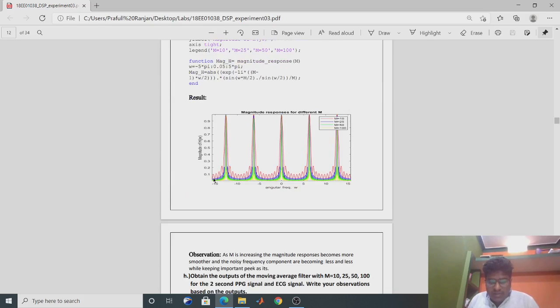So we can observe that for m is equal to 10, the lower frequencies are also magnified, but as we are increasing m, it is reducing, and only the low frequencies remain. For m is equal to 10, higher frequencies are also magnified, but as we are increasing m, it is decreasing, and only the peak comes into the picture.